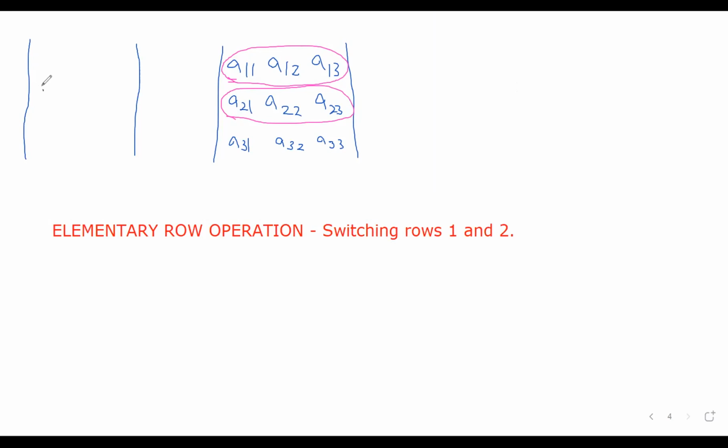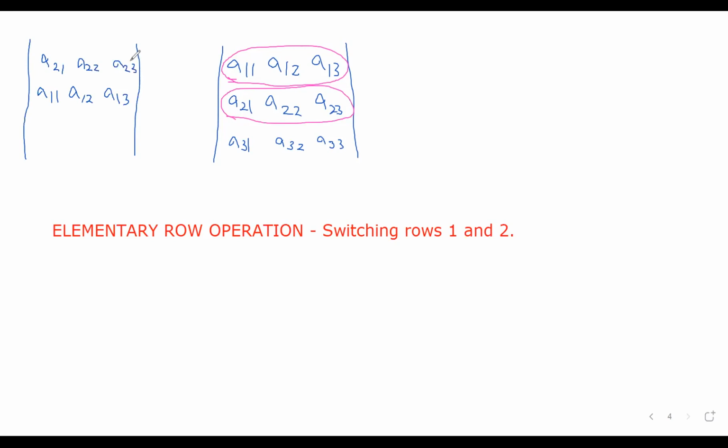So row 1 is going to become row 2. Now it's A11, A12, A13. The indices are representing where the entries were in the original matrix. And so now the second row is becoming the first row. This is A21, A22, A23.